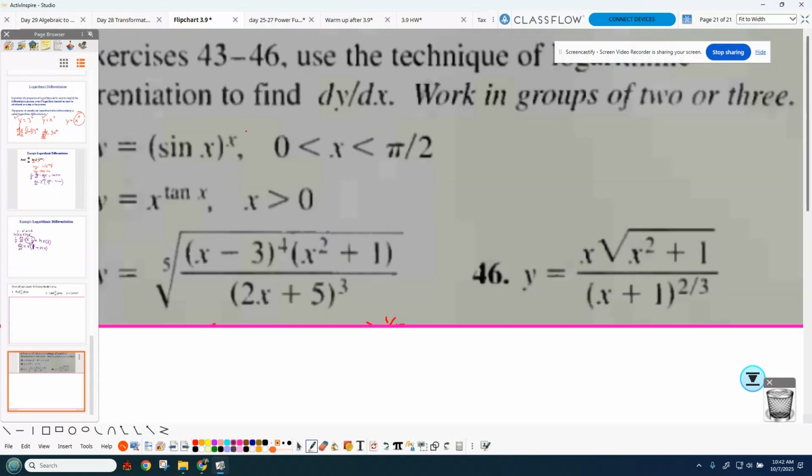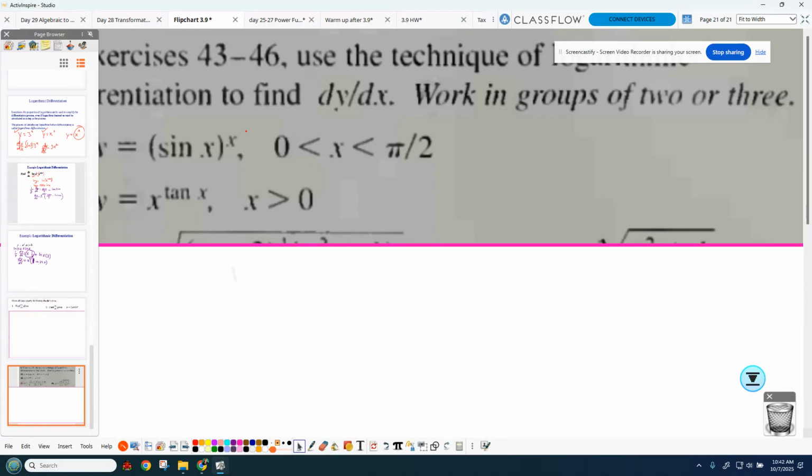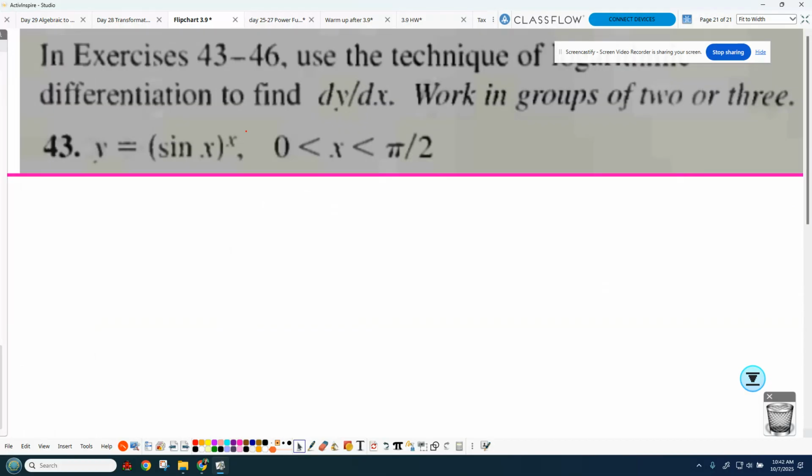Okay, do we need to do these two, or do you have the idea? Okay, someone gave me a yes, we need to do these two. So let's try that one first: sin x to the x.